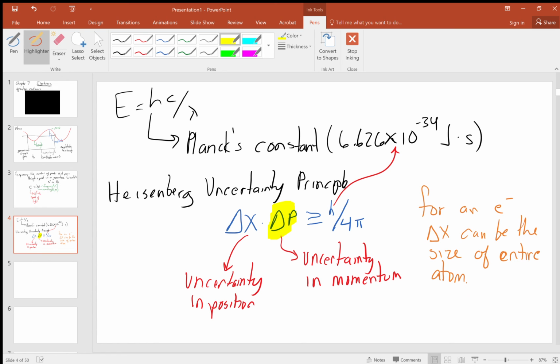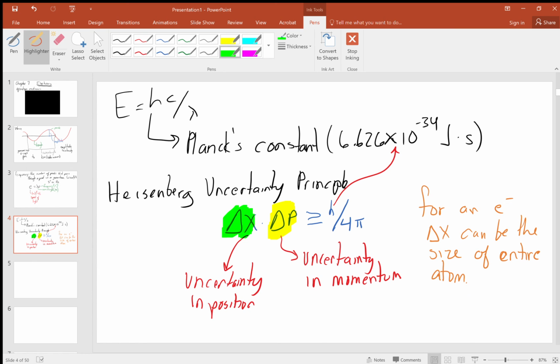Whereas if we try to accurately determine its momentum, that's going to change where the electron is. Just the mere act of measuring it has an effect on it, and because the electron is so small and so light, just the idea of observing it can change where it is or how it's moving.